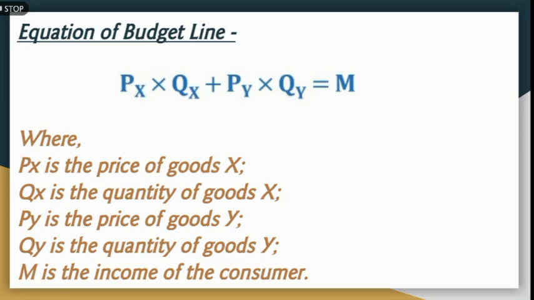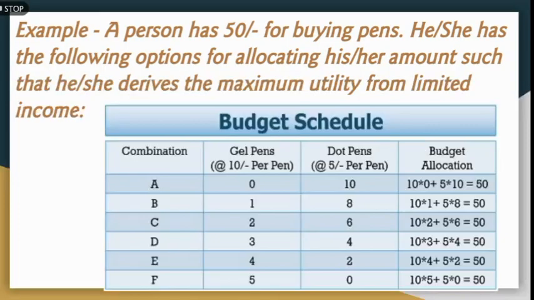M represents the income of the consumer. So for example, if a consumer has only 100 rupees, how much quantity of X he will purchase at the given price and how much quantity of Y he will purchase at the given price will be shown by the budget line.